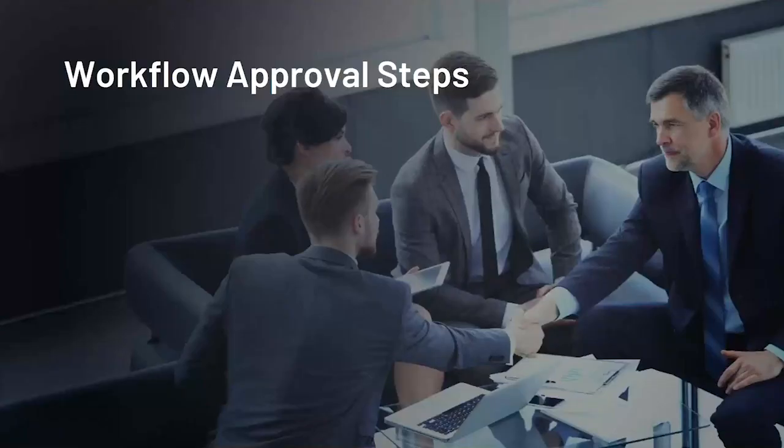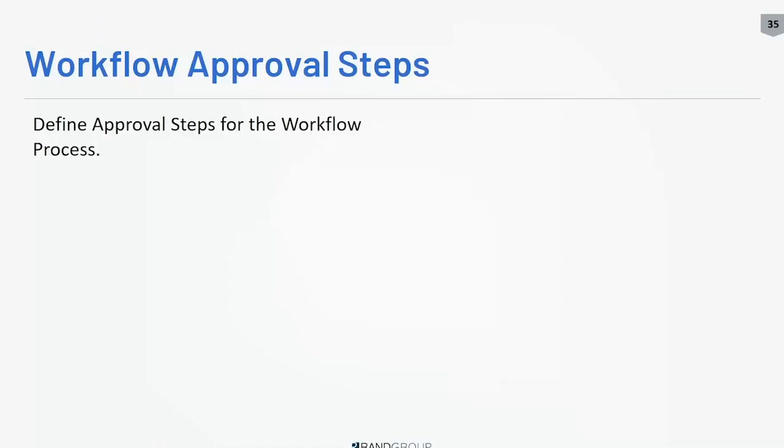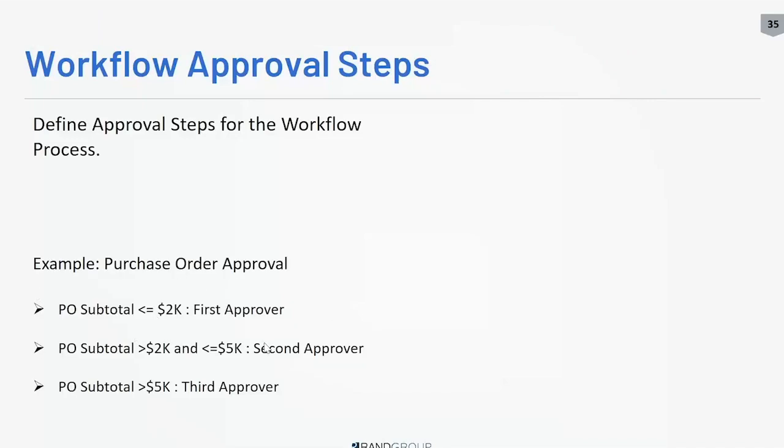One of the things that you could look at are the approval steps, and start planning that ahead of time to understand what kind of approval steps are needed to run through the workflow process. When you define an approval step for the workflow process, as an example, you have a purchase order approval. You need to be able to define the different approval steps.